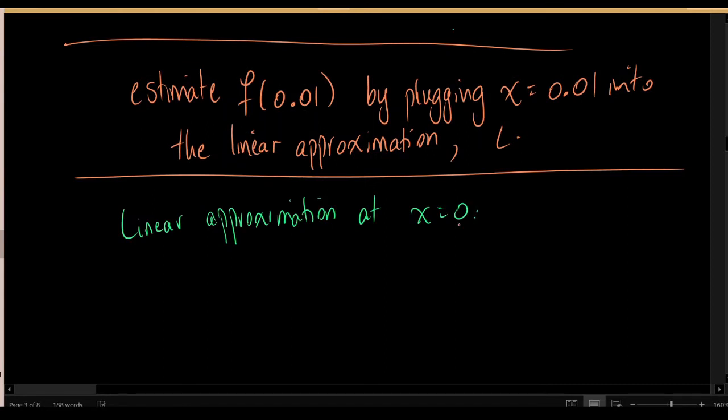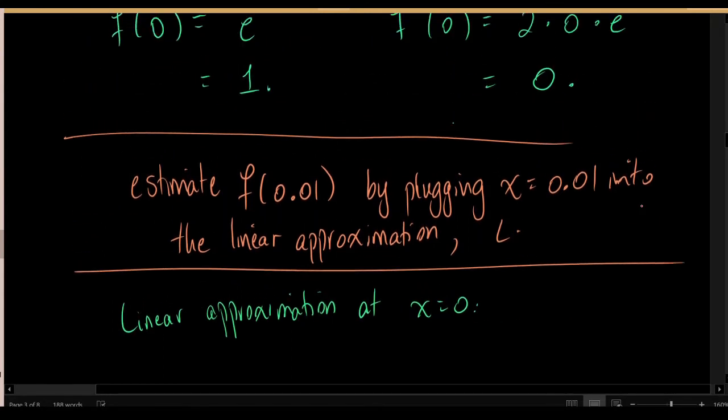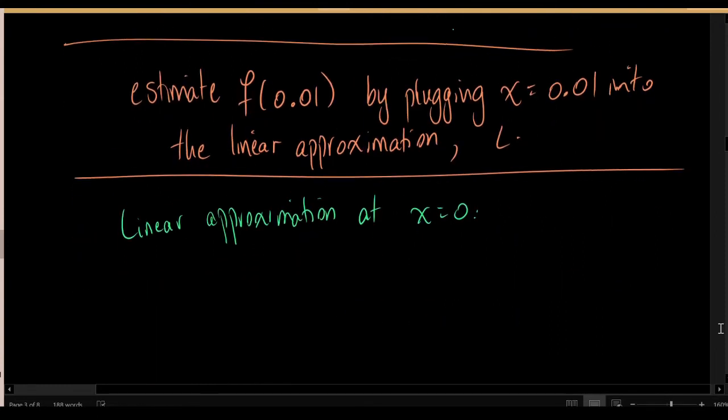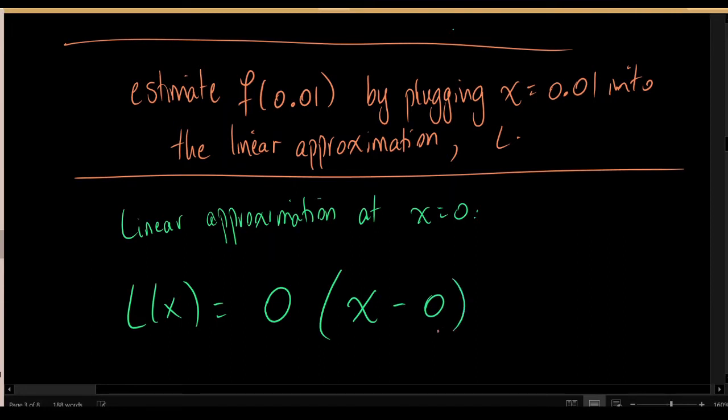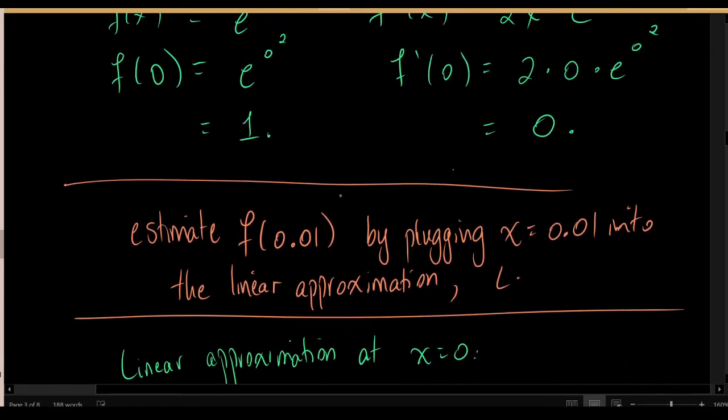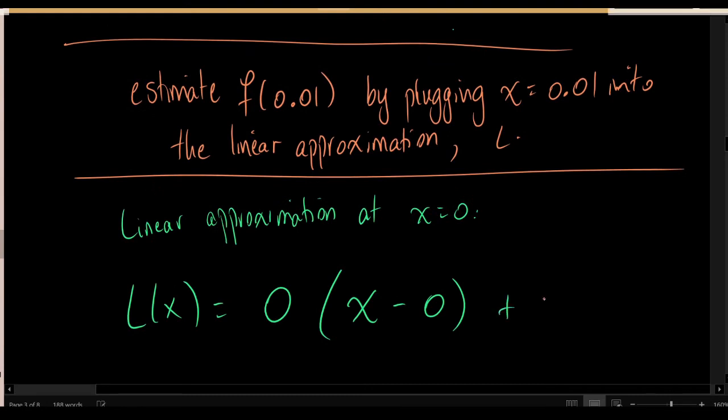It's just the same old equation of the tangent line. So it's equal to f prime of 0, that's 0, times x minus the given x value, also 0, plus the y value, the output of the original function, just 1.